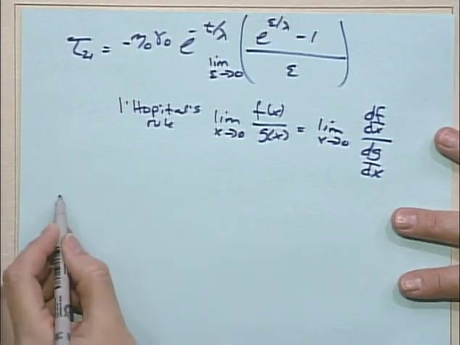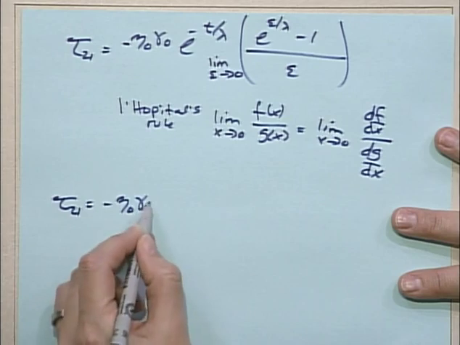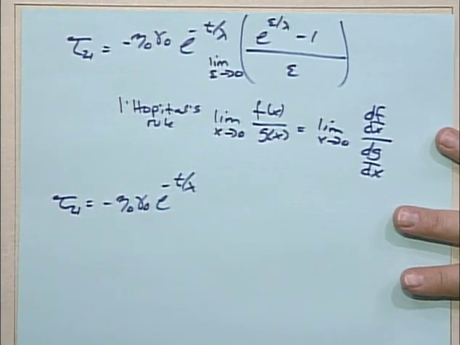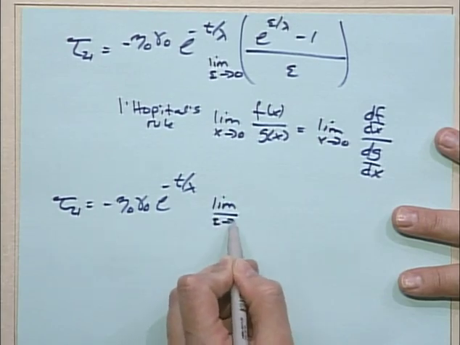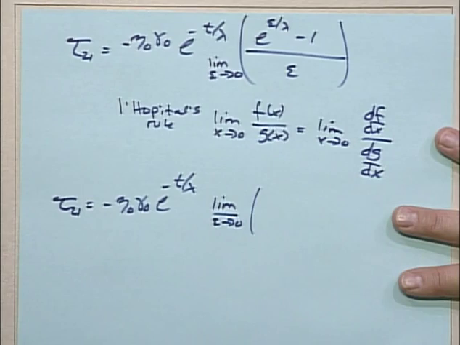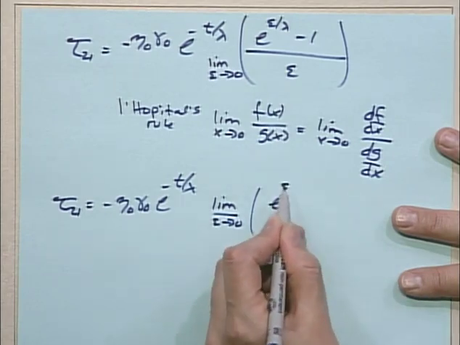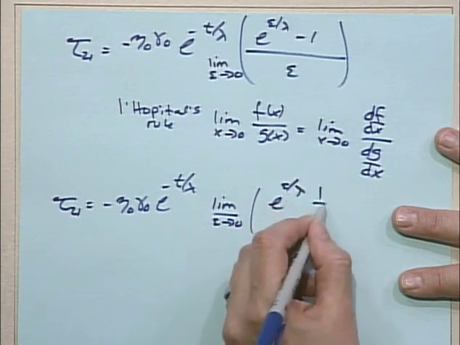All right, so tau equals minus eta naught gamma naught e to the minus t over lambda. That's the front stuff. Limit as epsilon goes to 0 of the derivative of the numerator with respect to epsilon is 1 over lambda e to the epsilon over lambda.